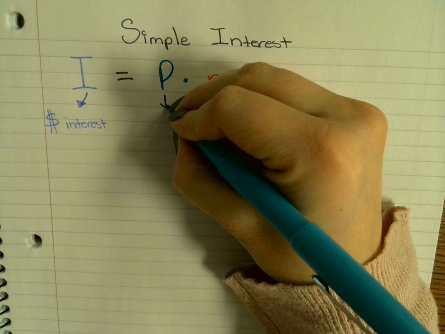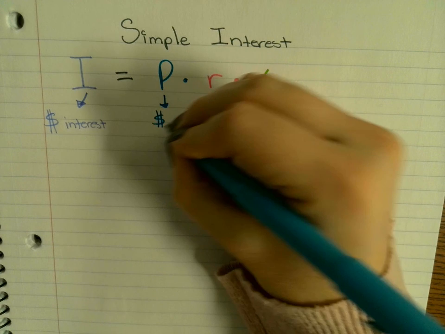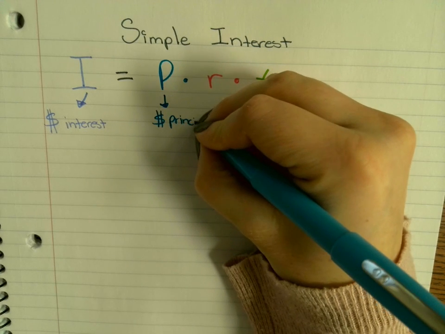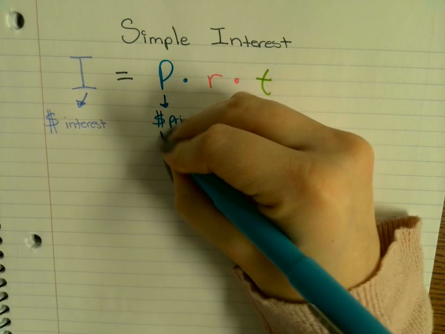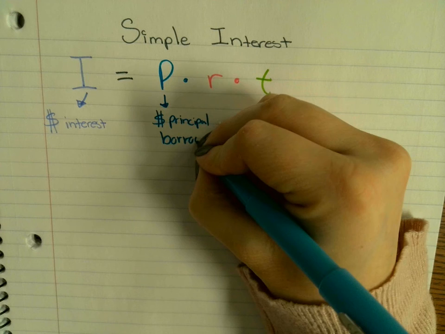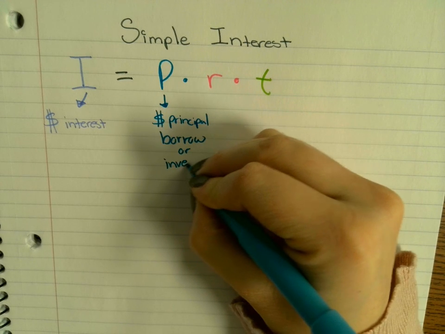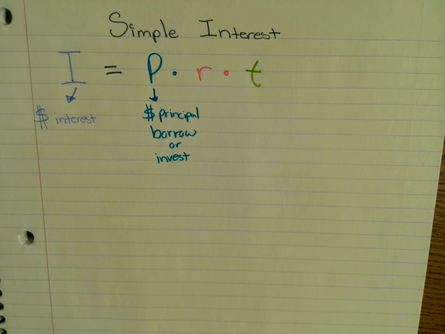P stands for money as well. It's the principal. So it's the amount of money that you're going to borrow or the amount of money that you're going to invest or put into an account.